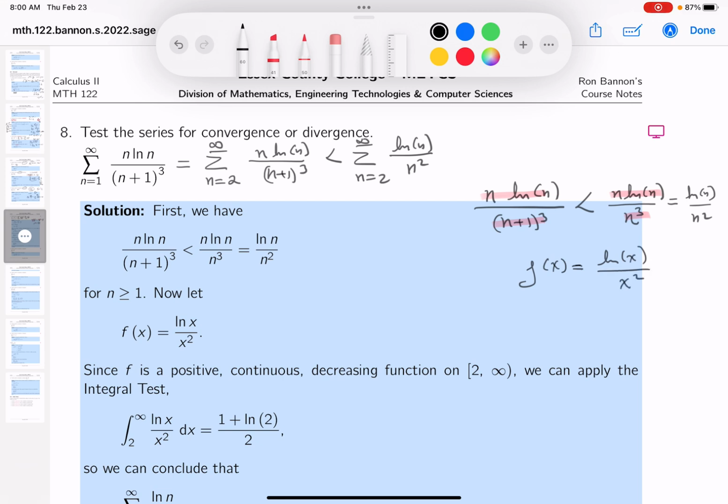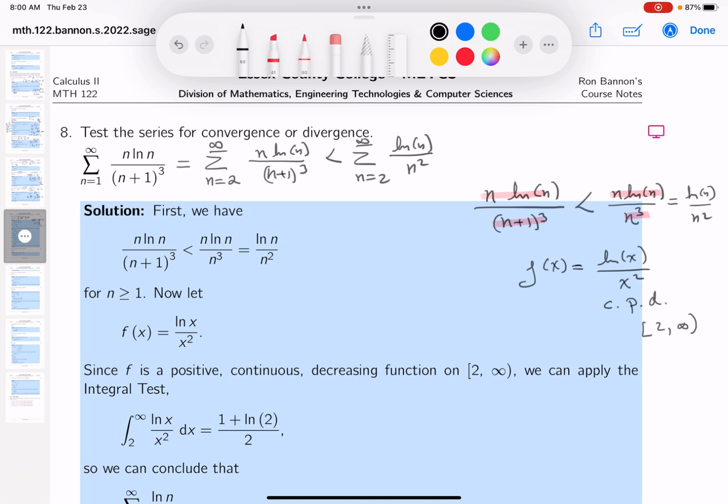Certainly x squared overpowers the natural log of x. So this is continuous, positive, and decreasing on the interval from 2 to infinity. If you want to play it safer, you could take a bigger number, like 1,000, to infinity. It doesn't really matter, because we'll have the finite sum in the beginning. But 2 to infinity looks pretty reasonable.